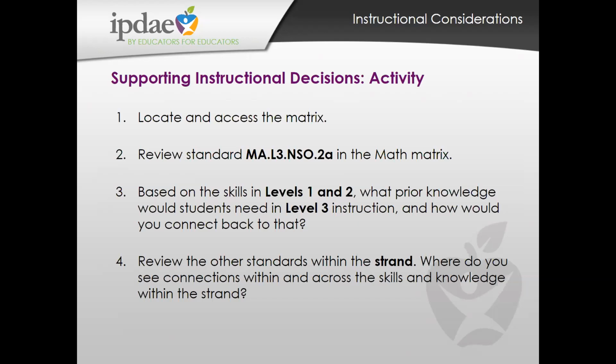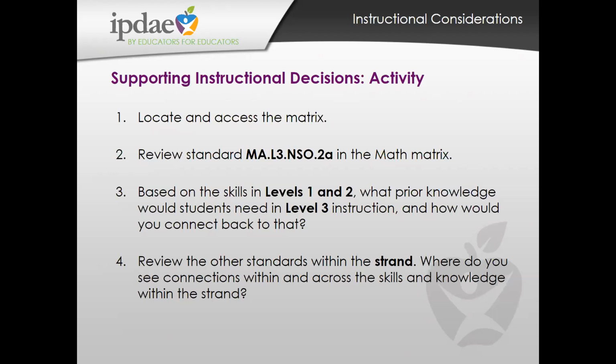Once you're able to click on that link, we would like for you to explore some of the potential connections and some of the instructional implications of the matrix by looking very closely at standard MA L3 NSO 2A. Okay, so that's the level 3 number sense and operations standard 2A.